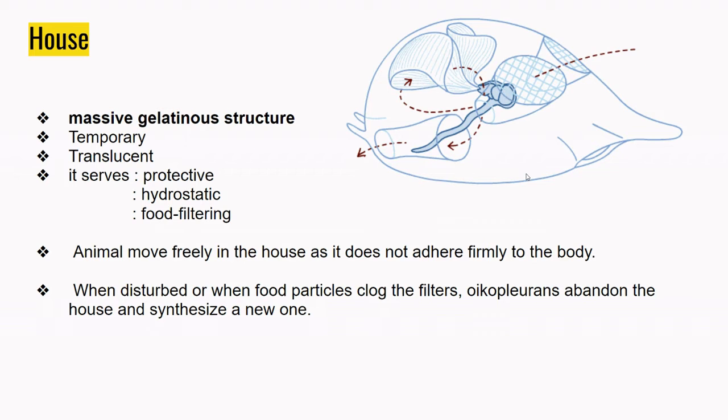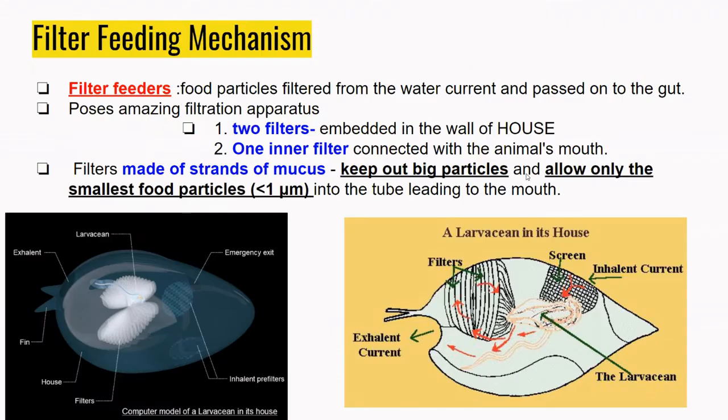But when disturbed, this organism will abandon the house. Or at the same time, when the food particles get clogged in the filter seen in the walls of the house, they abandon the house. So we can simply say that the house is not permanent, it is temporary in nature.